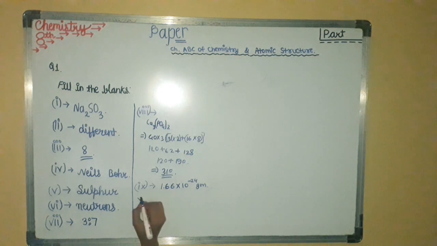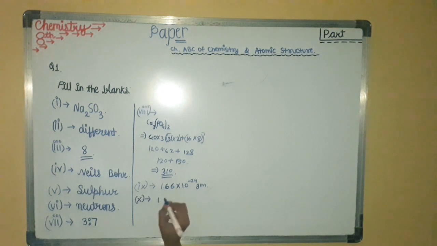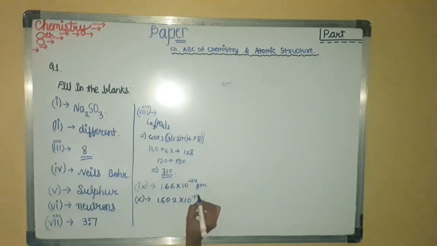Next, the last question of filling the blanks is the charge of an electron in Coulomb is 1.602 into 10 raised to minus 19 Coulomb. So this is the answer.